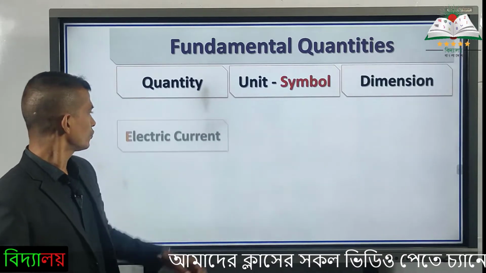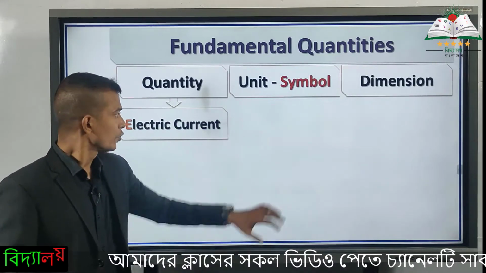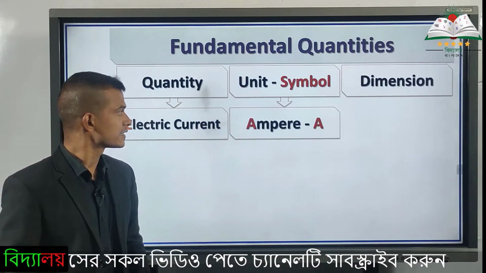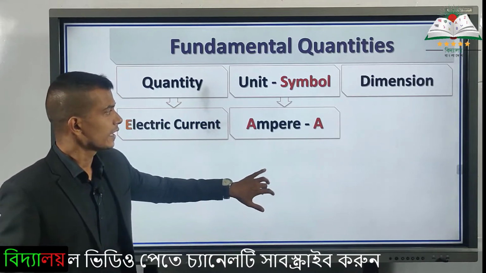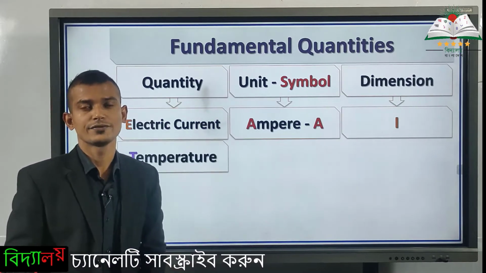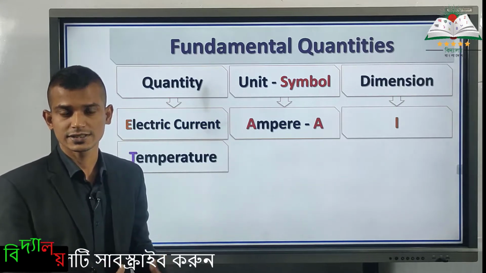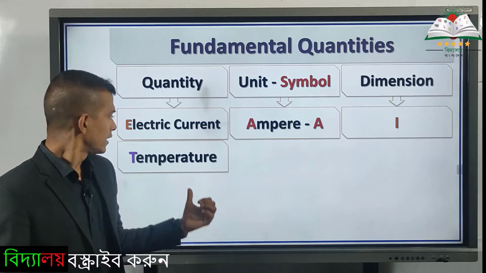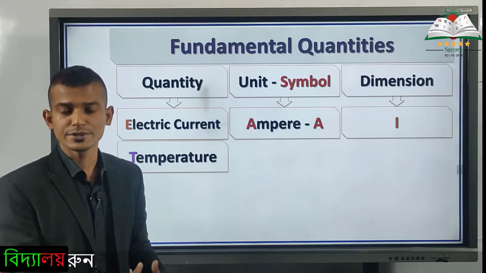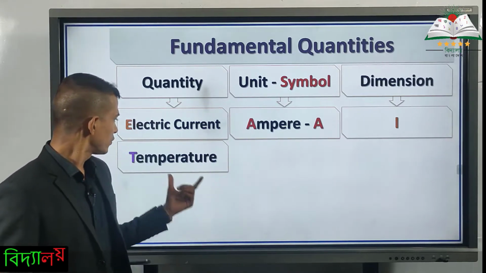The fourth one is the electric current. We measure it in ampere, and it has a symbol of capital A, and the dimension is I. Now, this one is very, very important because it is going to be necessary for your HSC MCQ and admission test as well, which is the temperature.